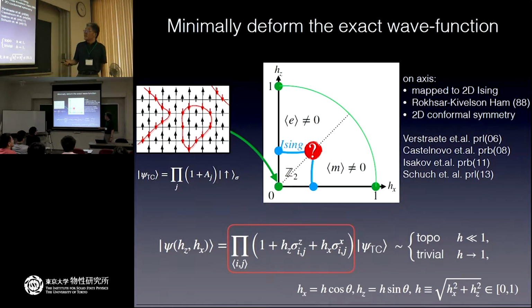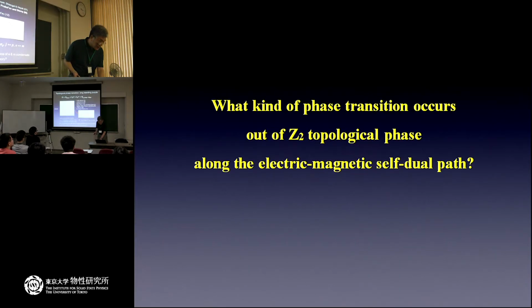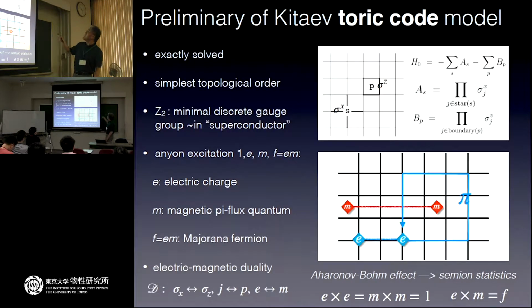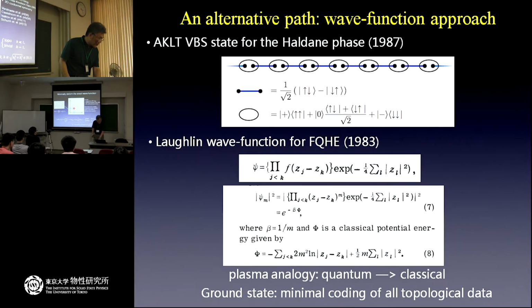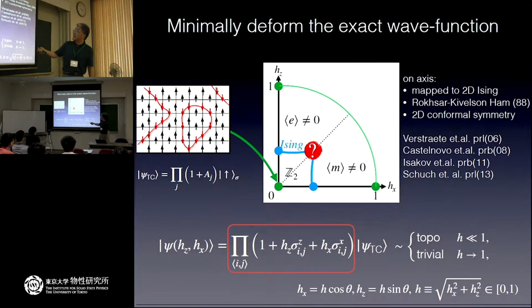For this simple model, you can simply write down the ground state wave function for the toric code model. It's just a superposition of various sizes of loop configurations, in this form.